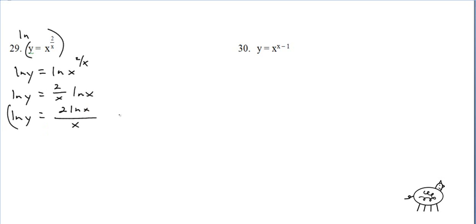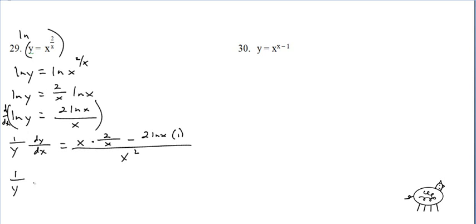And now let's take the derivative of it. So d by dx. So it's 1 over y dy dx. And we're just going to do the quotient rule. So it's bottom times derivative of the top, which is 2 over x, minus the top times the derivative of the bottom, which is 1, all over the bottom squared.